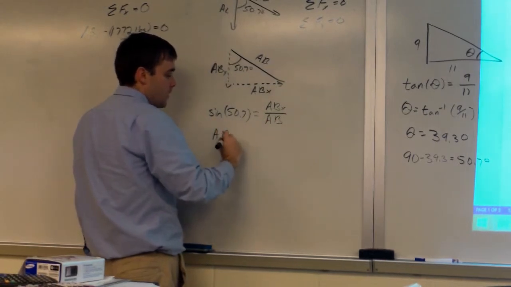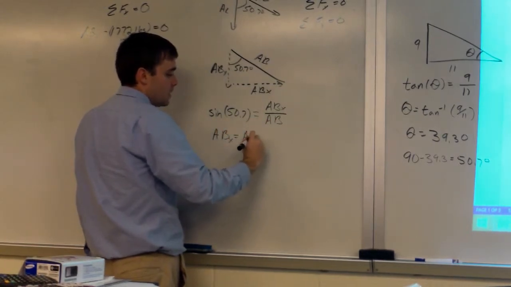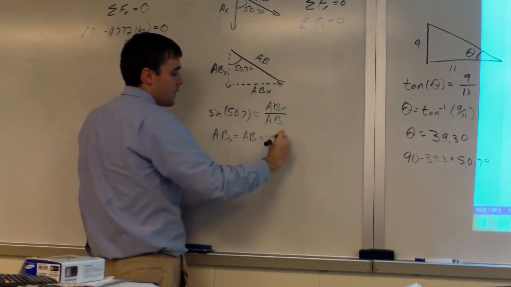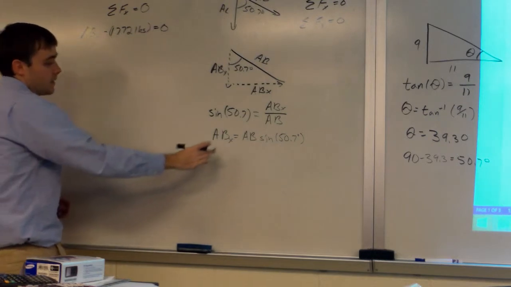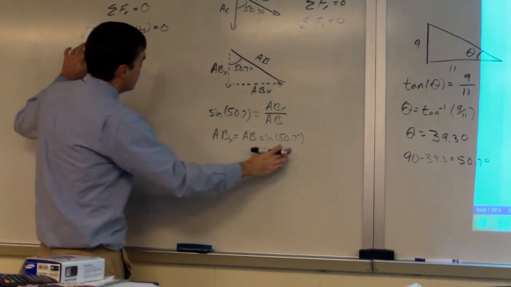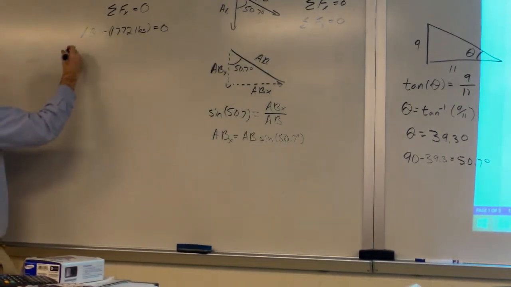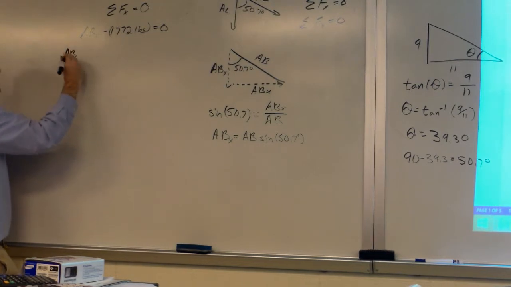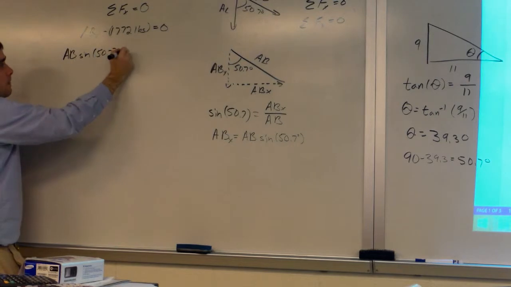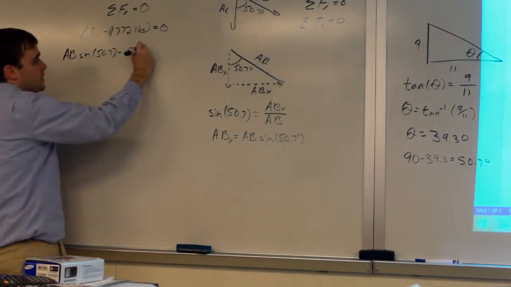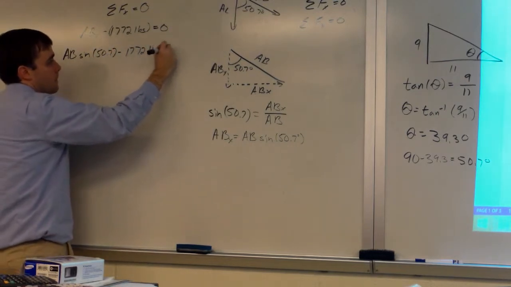So when we solve that, ABX equals AB times sine 50.7 degrees. Since ABX equals that, we can substitute it in for ABX. So we get AB times sine 50.7 minus 1772 pounds equals 0.